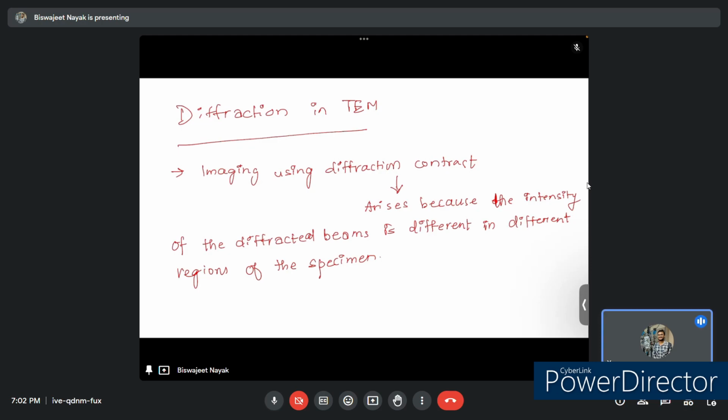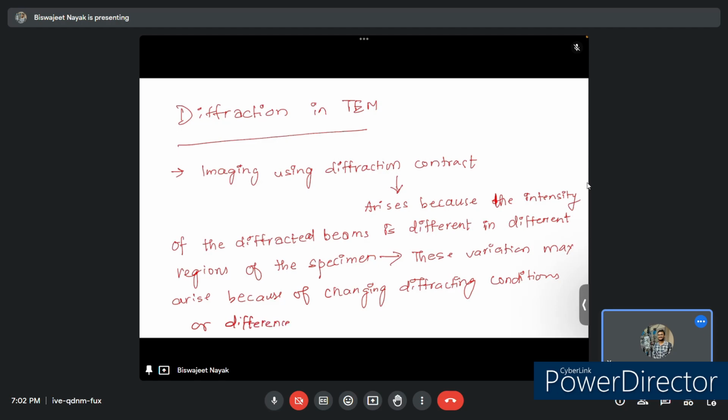So this variation may arise because of changing diffracting conditions or because of differences in specimen thickness, right?